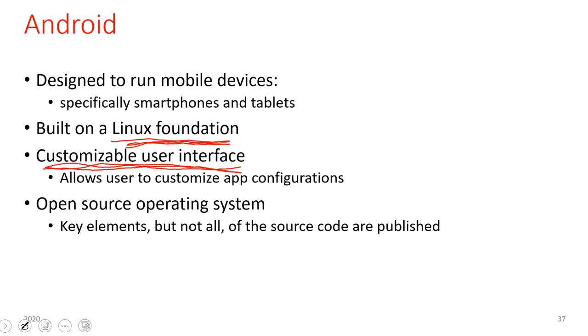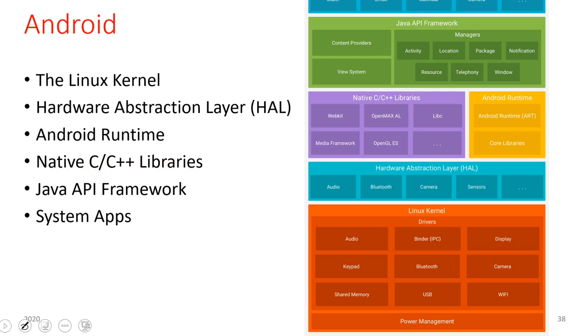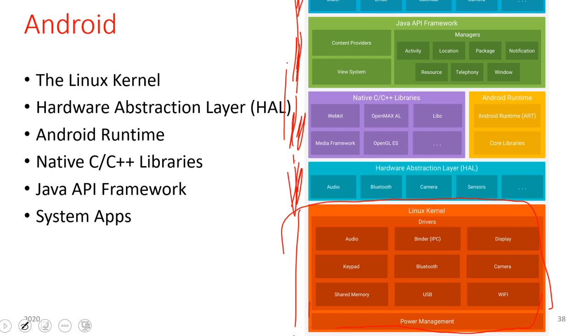The basic structure differs significantly after the kernel level. It starts with the Linux kernel at the very bottom, but beyond that, it has a number of hardware layers, libraries, various framework components, and so on. Those things vary significantly for an Android operating system compared to any other typical Linux operating system.